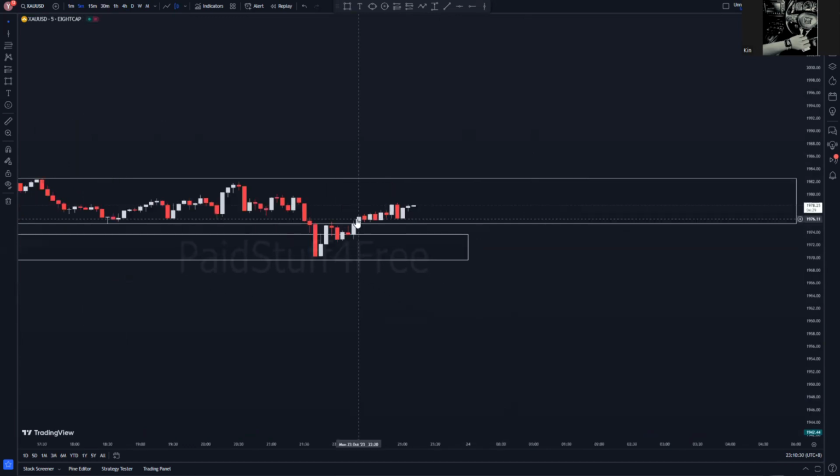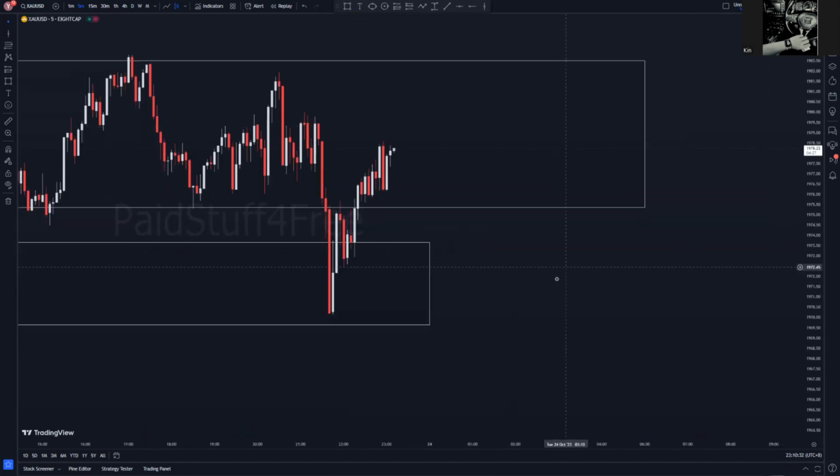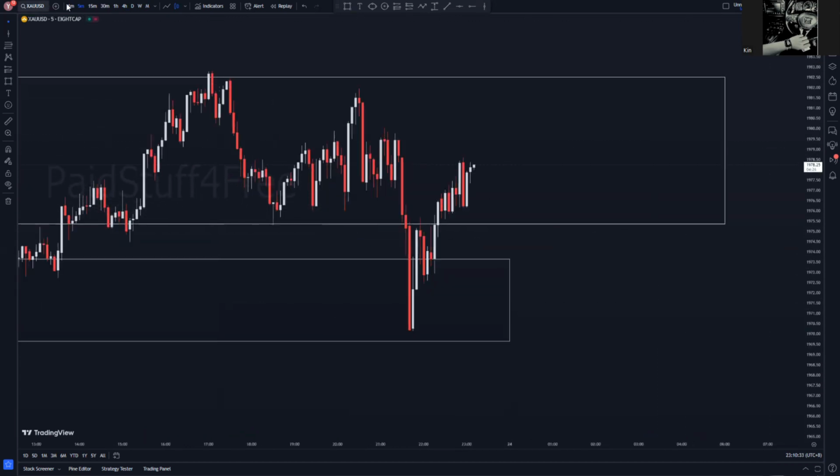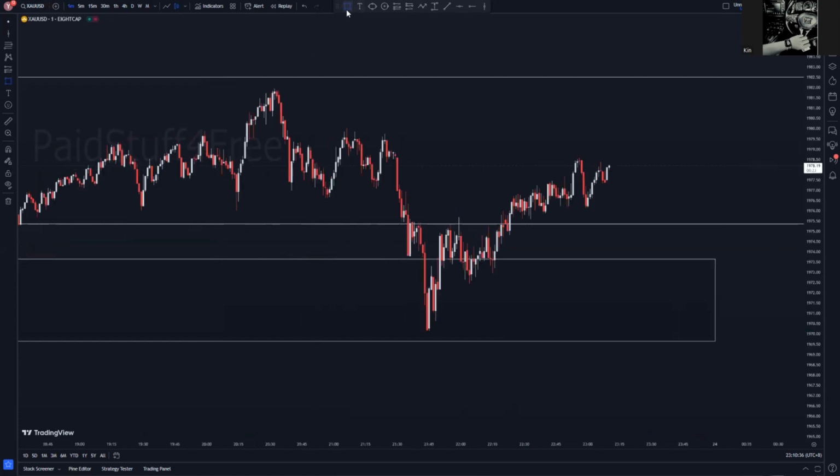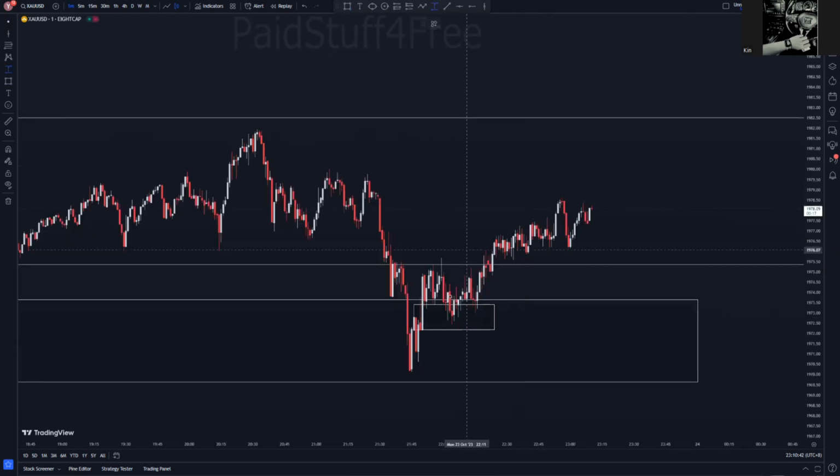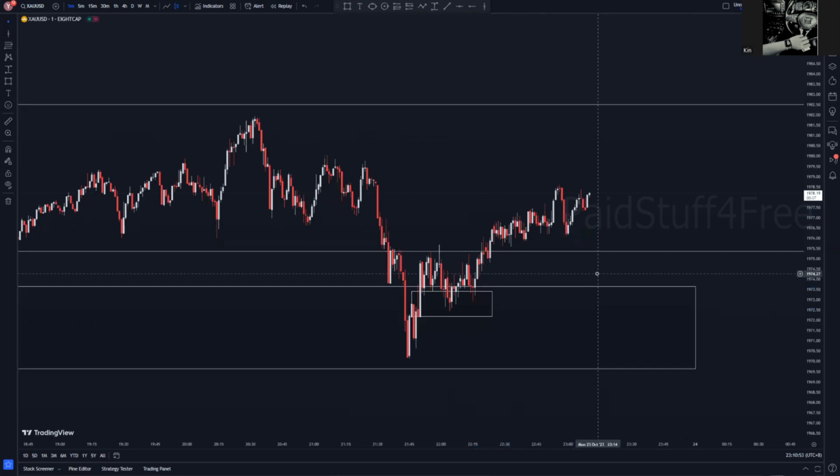All right, the CE. I took my buy with this one actually. 50 pips. That happened on M1EF. Yeah, I use M1EF.